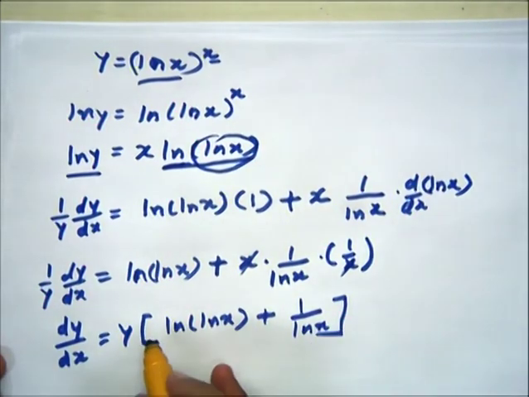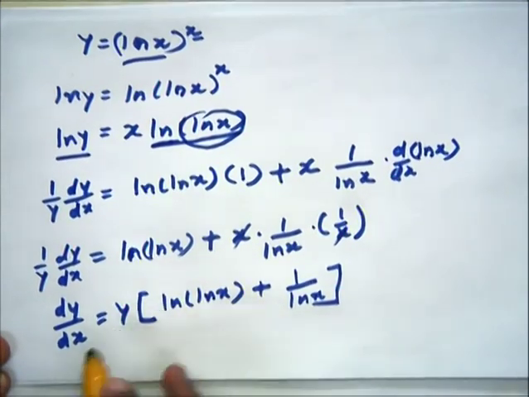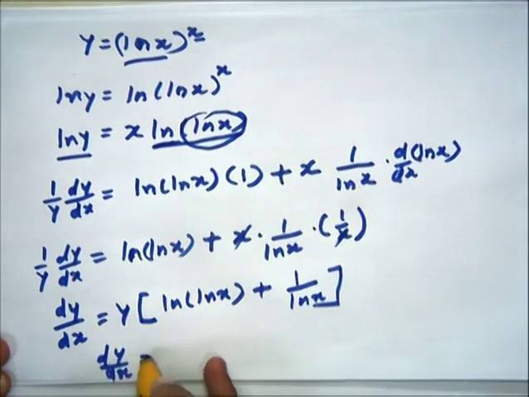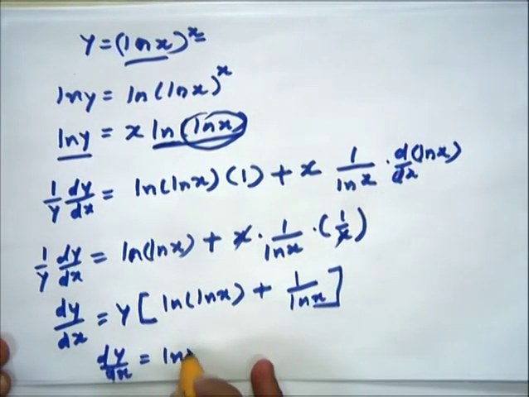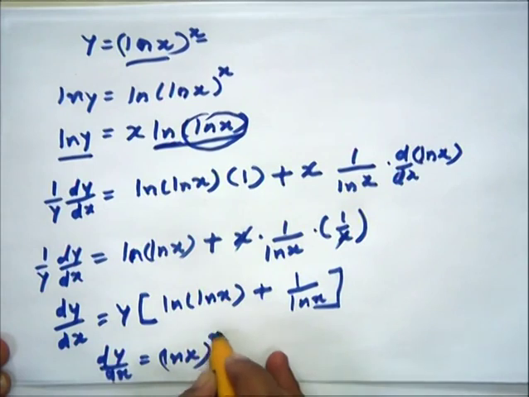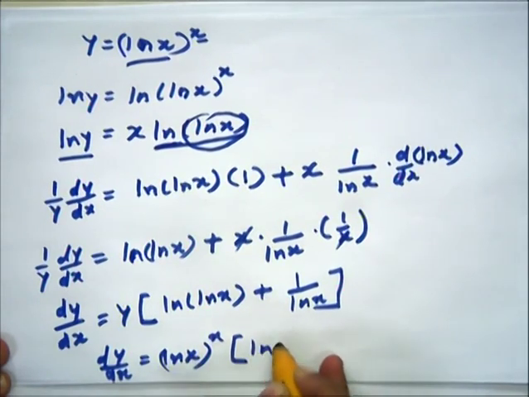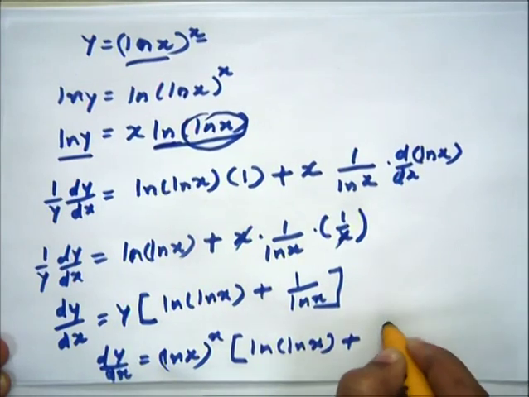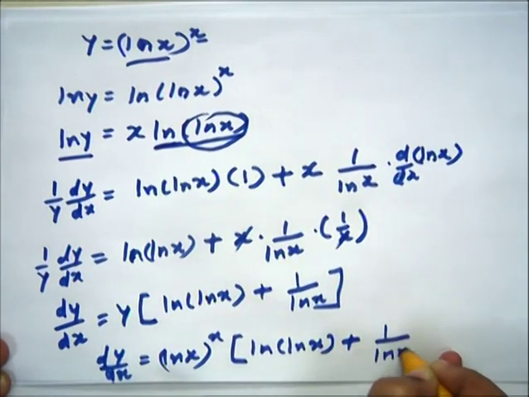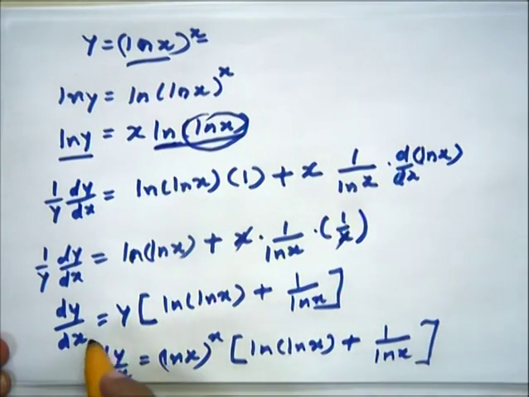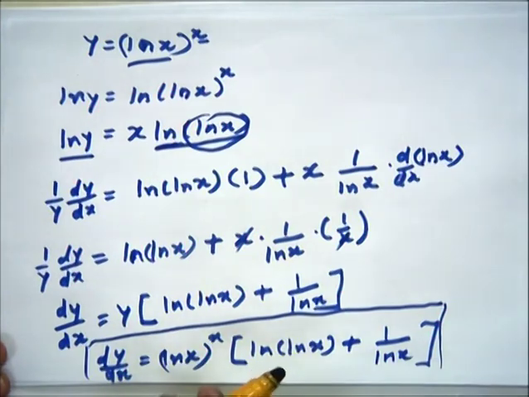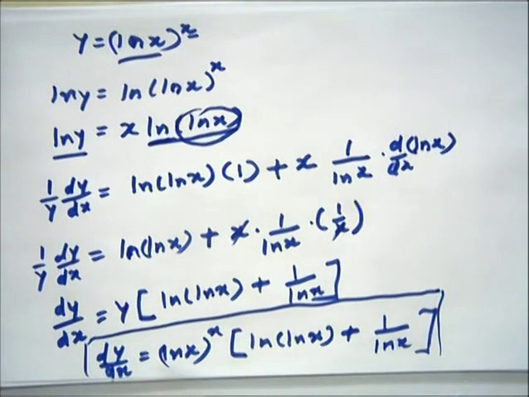Now if we substitute the value of y here, we get dy by dx is equal to y, that is (log x) raised to x, into (log log x plus 1 upon log x). So this is the final answer for this example. Here we have differentiated (log x) raised to x.